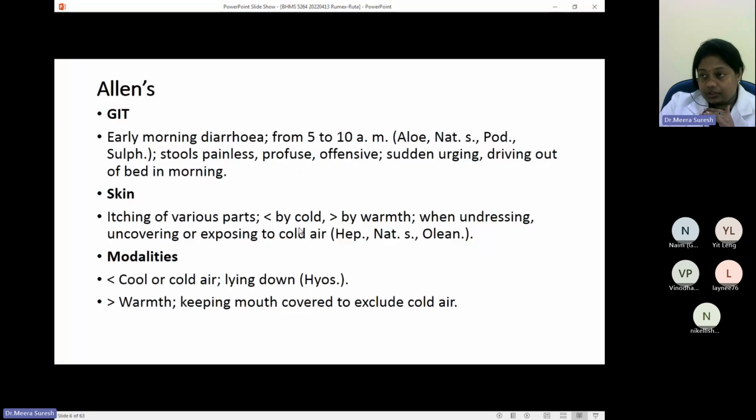So cold is a general feature, with amelioration from warmth, and also when undressing, uncovering, or exposing to cold air. Mainly urticaria from cold exposure, we can think of Rumex. So, aggravation from cold air, and amelioration from warmth.